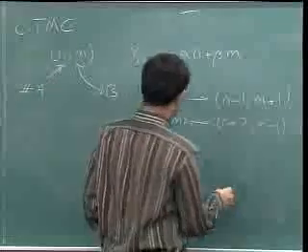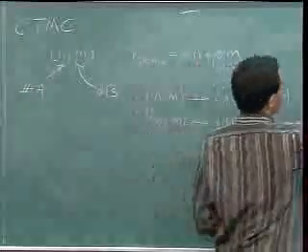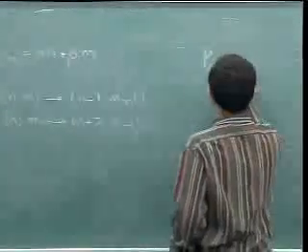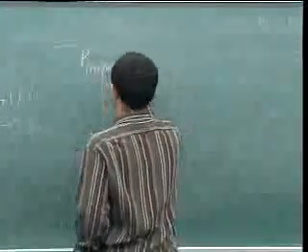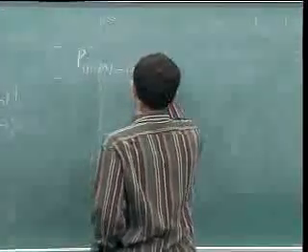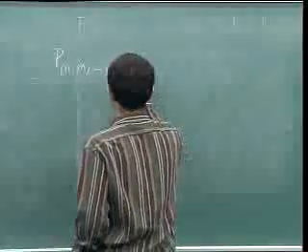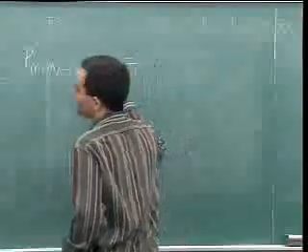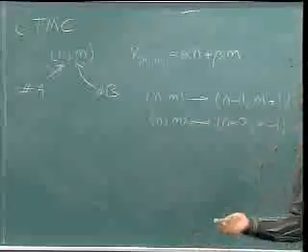So the probability that we go from n, m to state n minus 1, m plus 1 would be just the rate of leaving this state to that state divided by the whole rate.